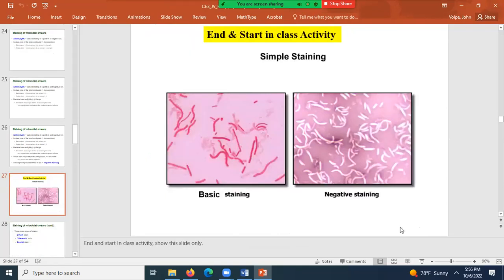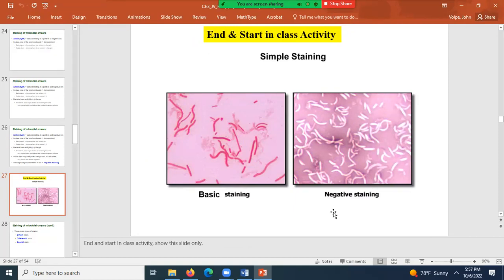Here you're looking at cells that are stained by a basic stain. And here we're looking at cells that are stained by a negative stain. Both of the cells are pretty easy to view. The basic stain mainly staining the cell itself, and the negative stain mainly staining the background of the cell, not staining the cell itself.